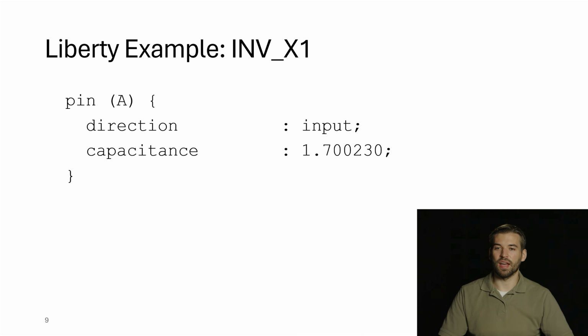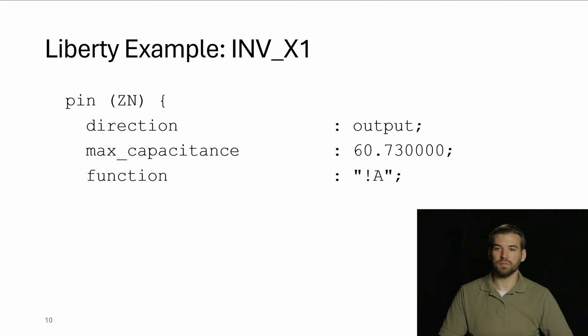In this case, we have the direction that's listed. It could be an input or it could be an output, and then we have the capacitance that's associated with that pin. So there's a little bit of electrical capacitance for the gate for whatever the connection is on your master, and this will be documented here.